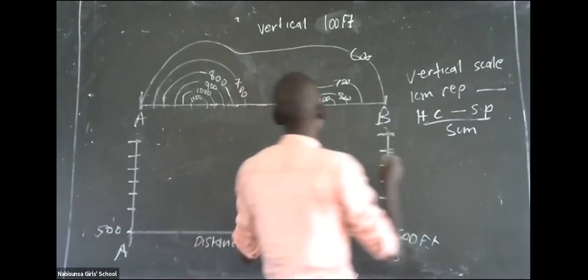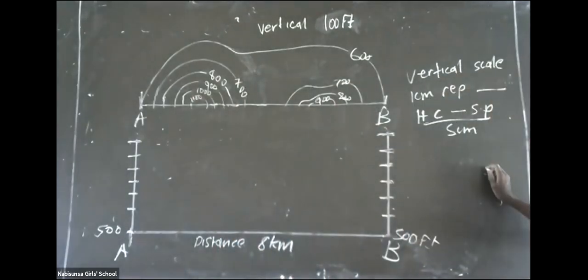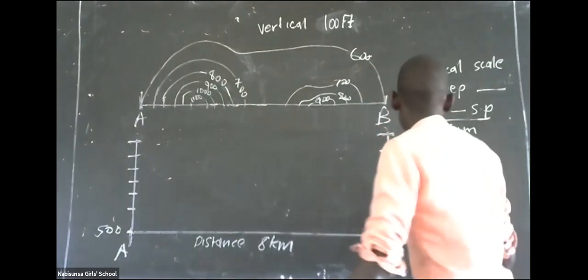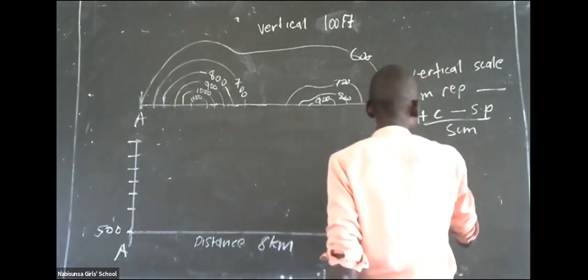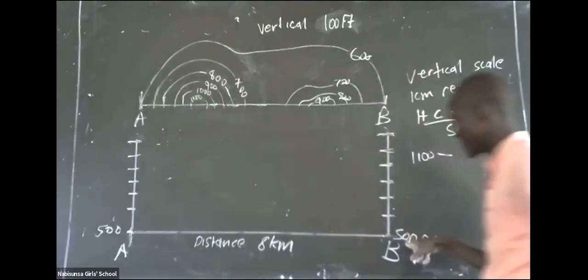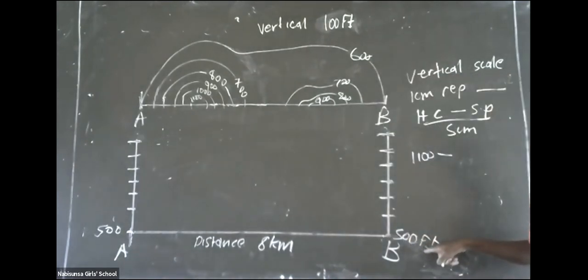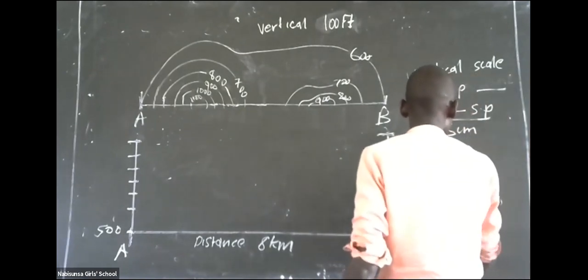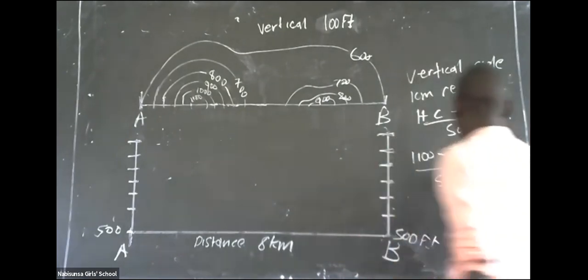Now, our highest here is what? Look at our highest: 1,100. Our starting point is what? 500. We divide by 5 centimeters. People are having calculators.